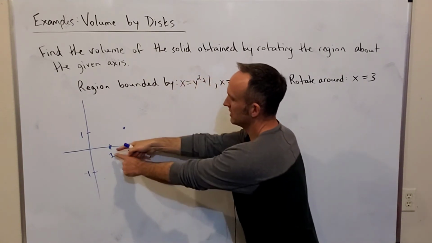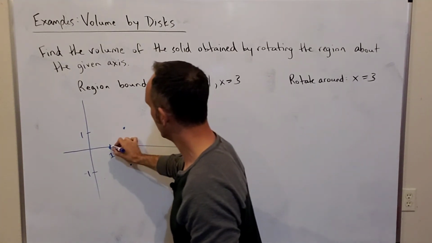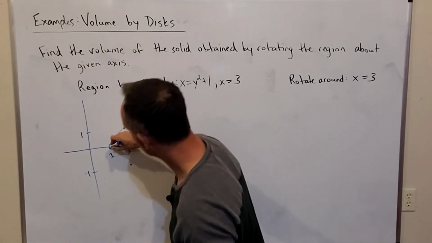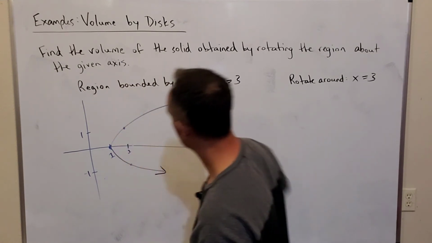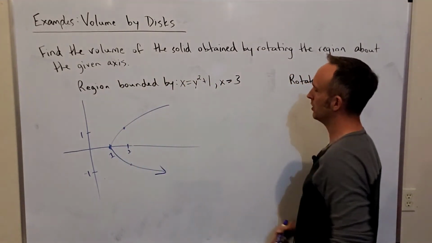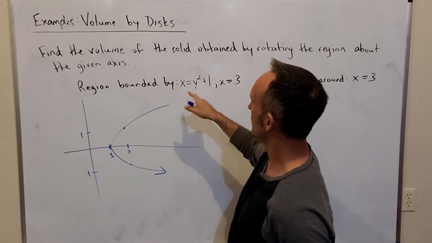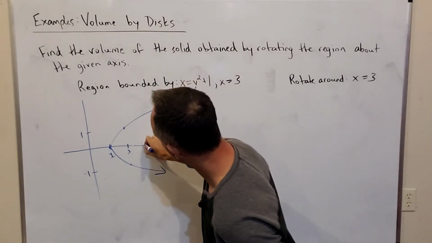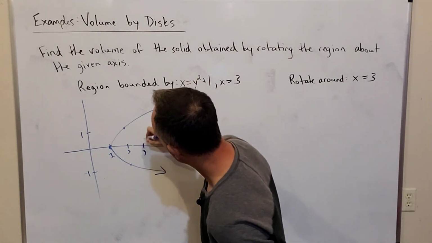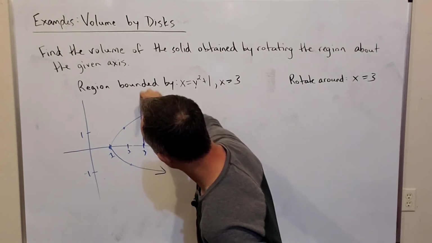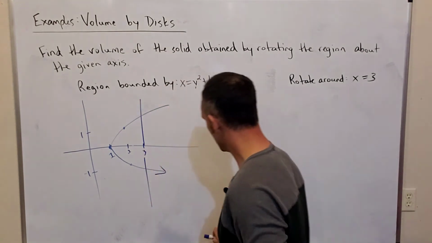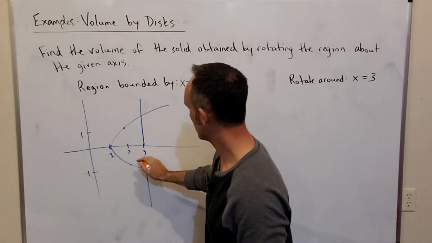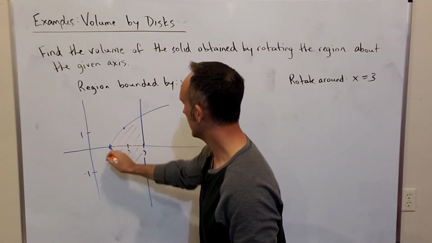And so you can start to see it's a parabola opening to the right, basically. So it looks like this. So that's our curve, x equals y squared plus 1. And we want the region bounded by that curve and the line x equals 3. So here's our line x equals 3. And so what we're looking at is this region right here.